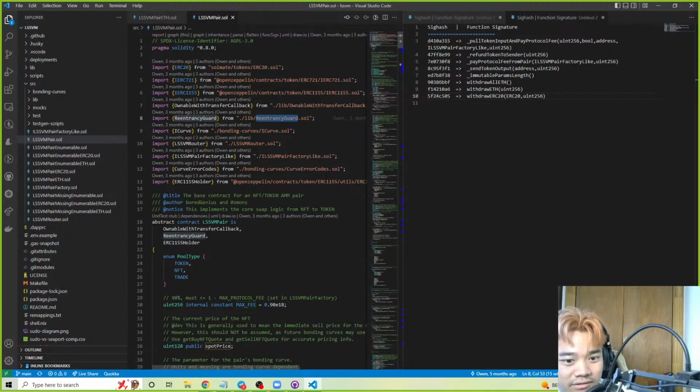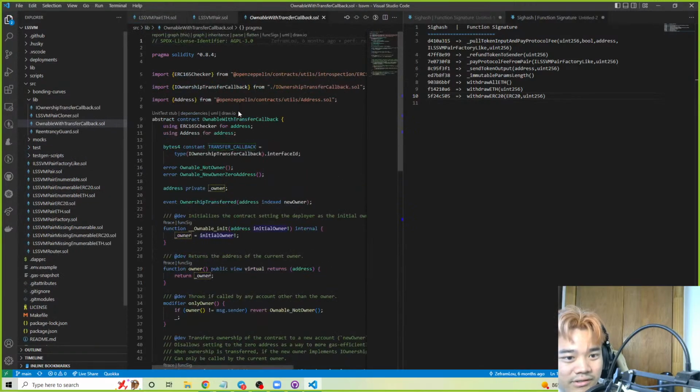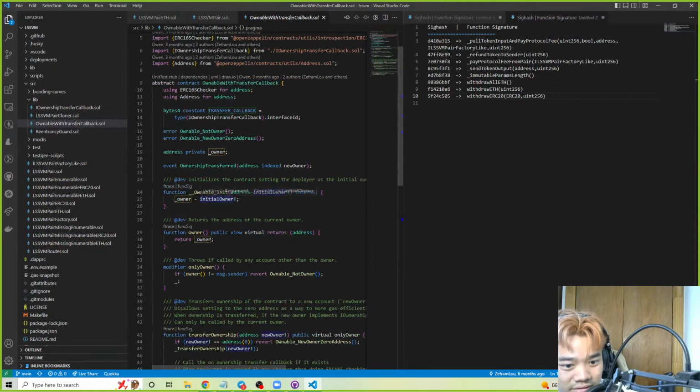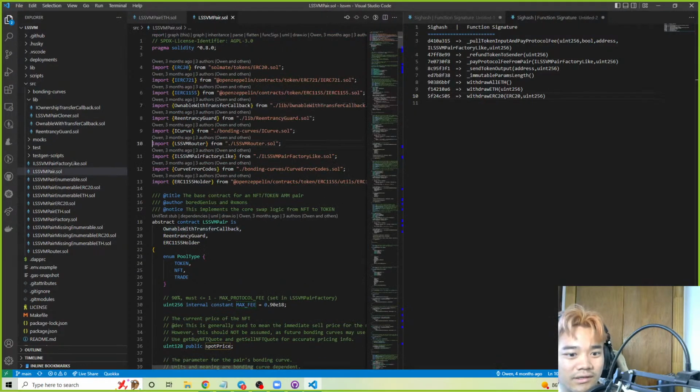Emergency guard. Ownable, yeah. Which should just be the creator.